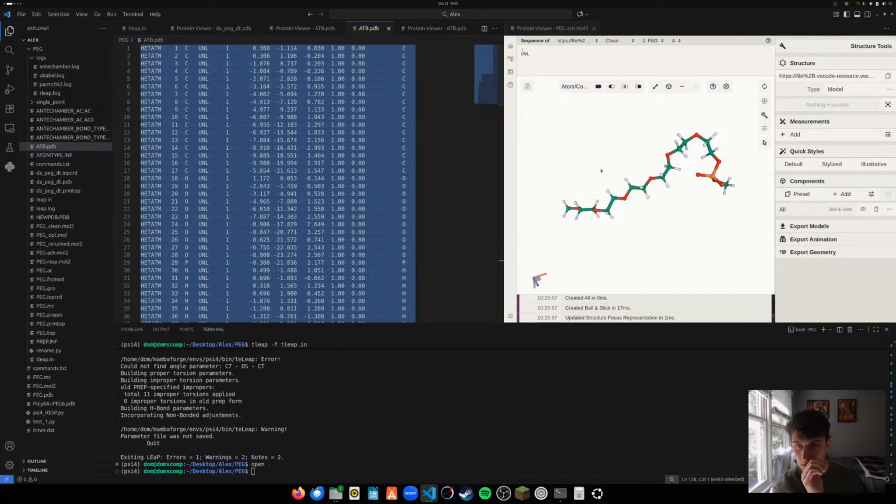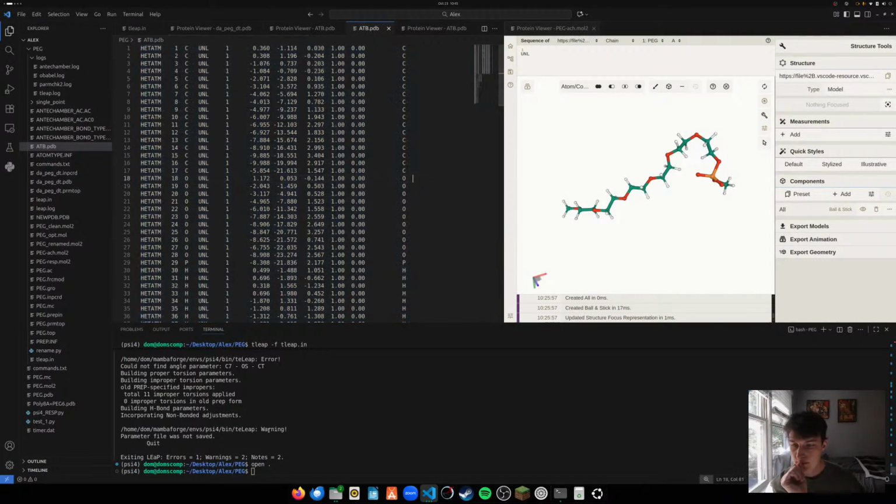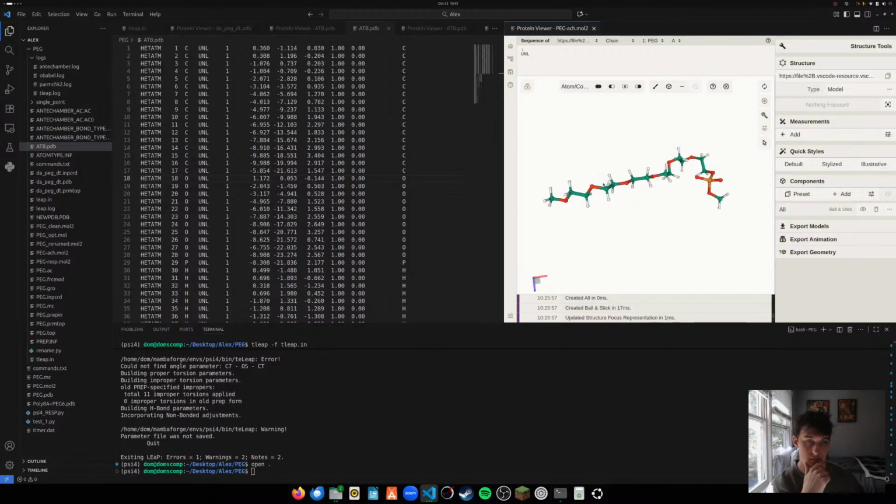So here's the logic here. Because it messes up just on the left side, that means when we parameterize our ligand, we're not accounting for the bonding that's occurring right here. Because technically it's not a methyl, it's a ribose ring.